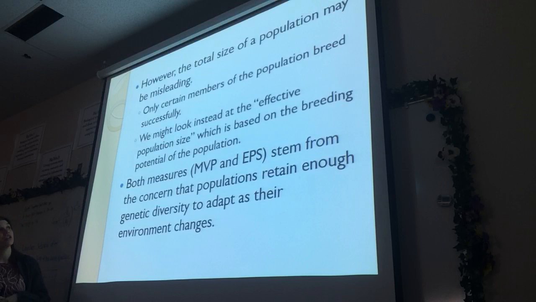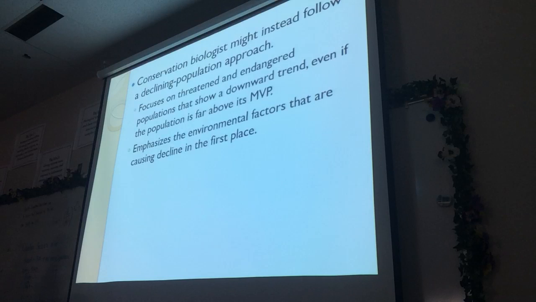So instead we might look at the effective population size, the EPS, which is based on the breeding potential of a population rather than the population size itself. Both of these measures stem from a concern that populations have to maintain enough diversity to adapt as their environment changes.